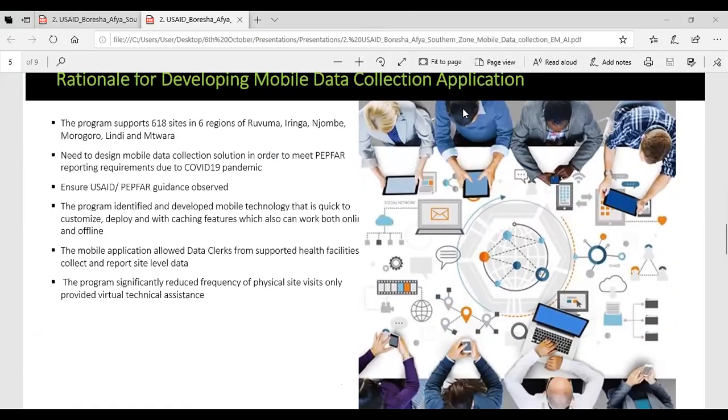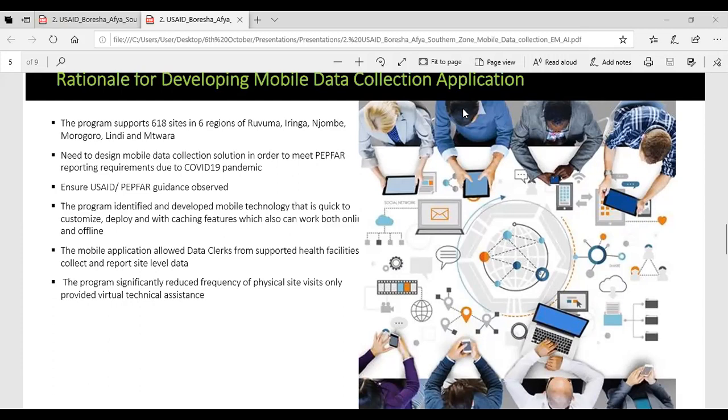So the key point that I want to highlight is the rationale for developing the mobile data application in order to support its 618 sites in our 6 regions.